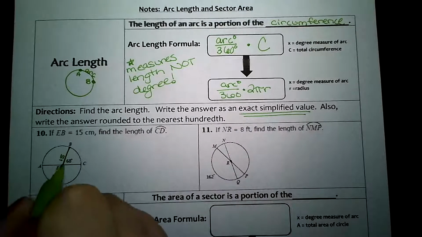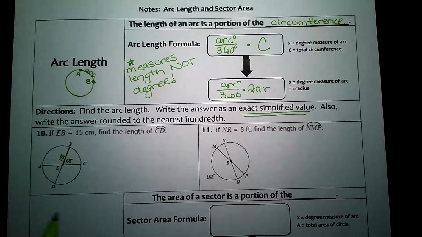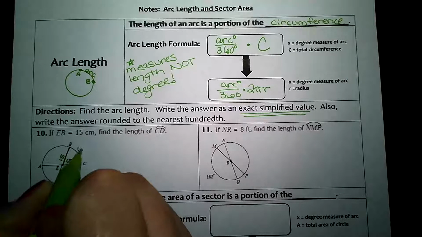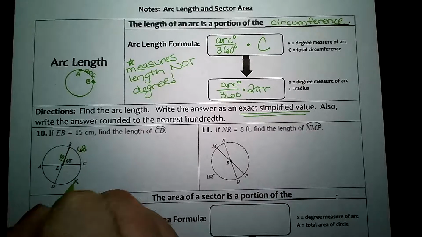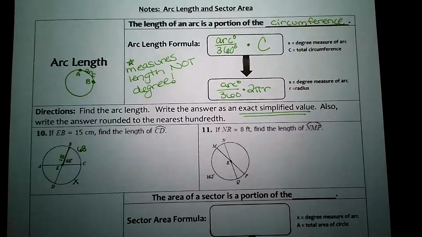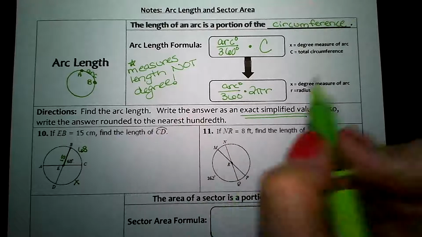We also have this arc measure here, angle and arc measure of 68 degrees, but that goes with arc BC. We're looking for arc C to D. I'm going to put an X out here on arc CD. So take a look at our formula.